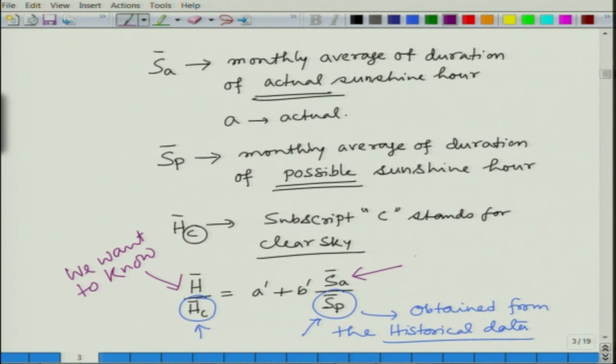So, this is locally and temporally measured. On this basis we will actually get the H bar. And what are these? These are fitting parameters.